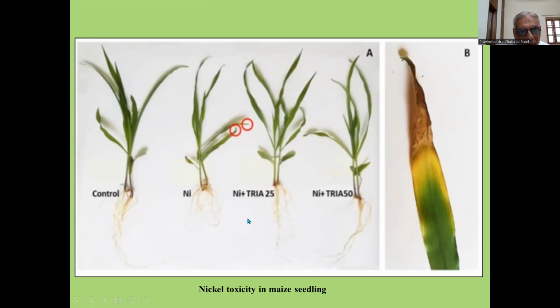Here you can see the control plot and the nickel treatment. If nickel is high in the soil and you also apply nickel to the soil, then there will be toxicity. Naturally also, sometimes nickel is present in higher concentration. When there is toxicity, you can see the tip of the maize seedling is chlorotic, and the margin also becomes chlorotic.